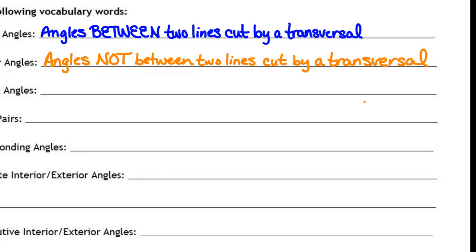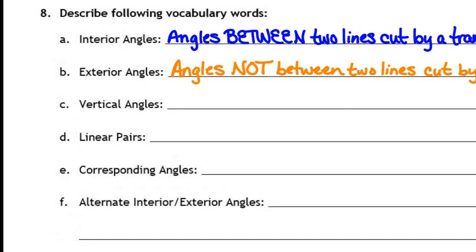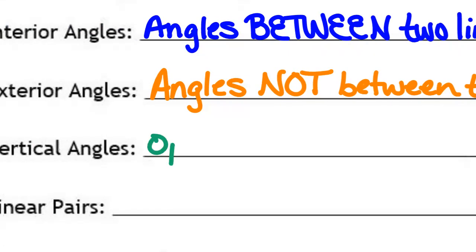Vertical angles are opposite angles formed by intersecting lines.